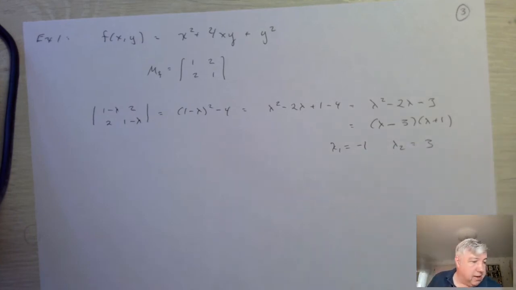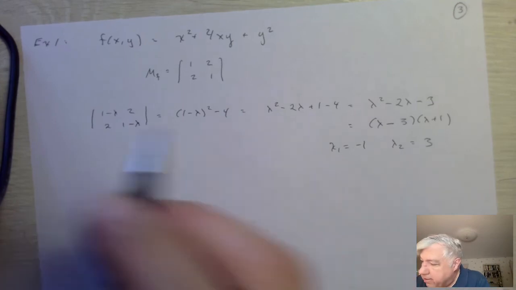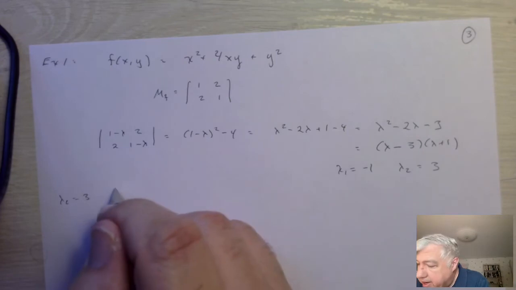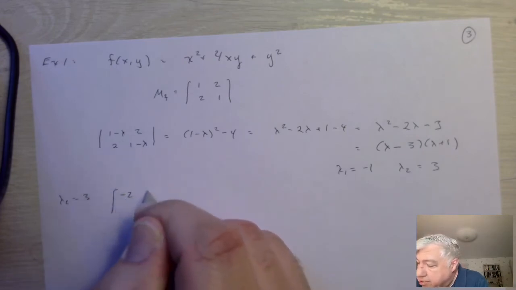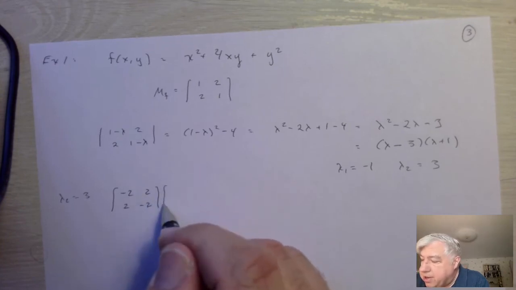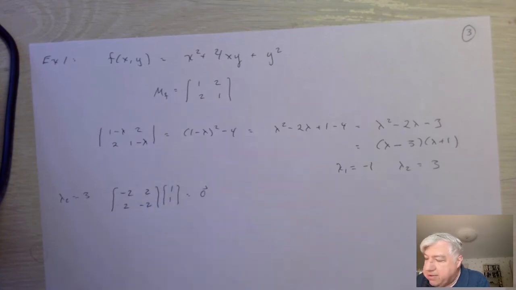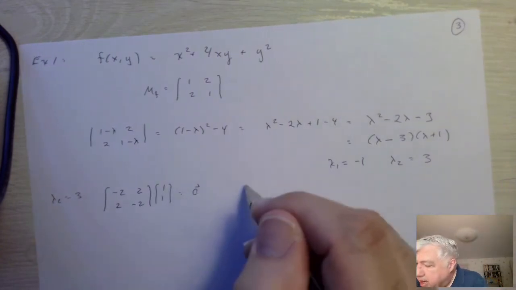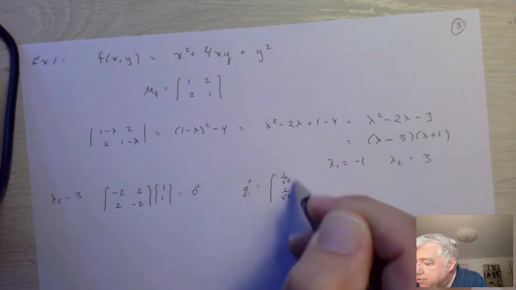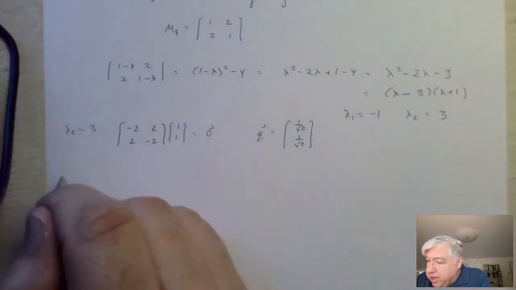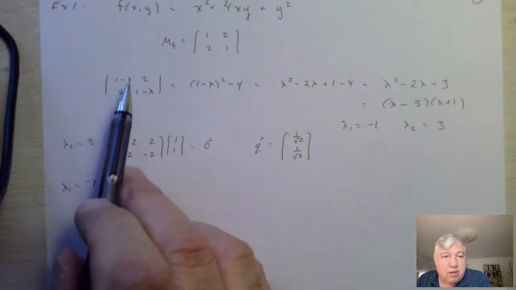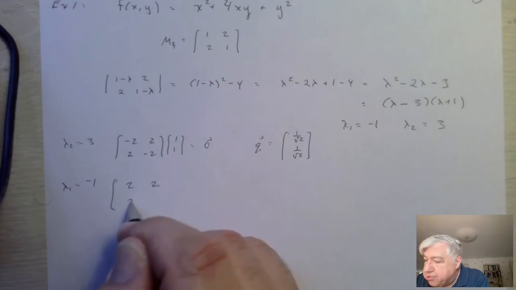Okay. We'll do lambda 2 equals 3 first. We plug in the 3 here and we get [negative 2, 2; 2, negative 2]. And it's pretty easy to see that (1, 1) is going to be the eigenvector. So we can normalize this, and we get q1 is (1 over square root 2, 1 over square root 2). And then when lambda 1 equals negative 1, we plug that in here. 1 minus negative 1 is 2, so we get [2, 2; 2, 2].